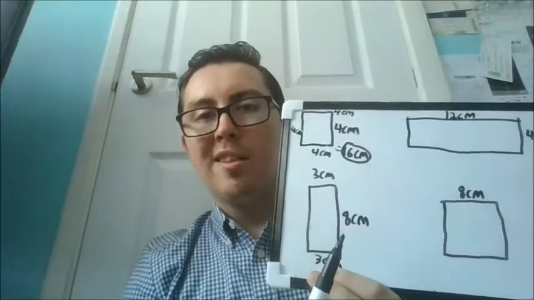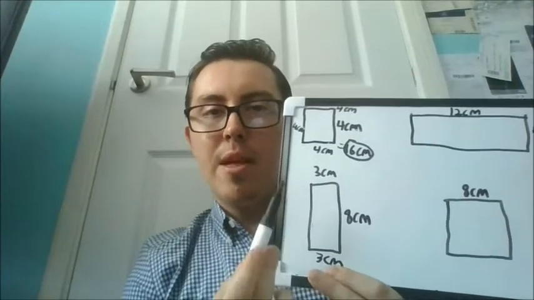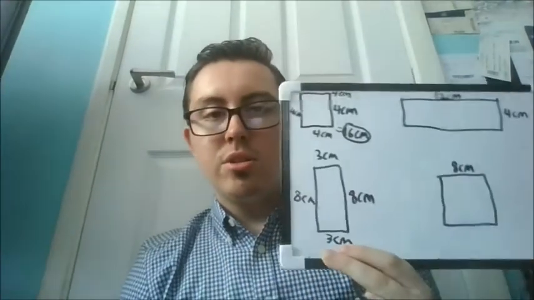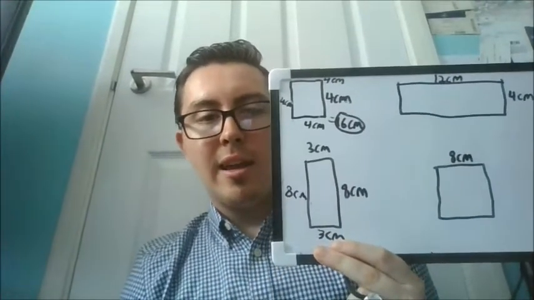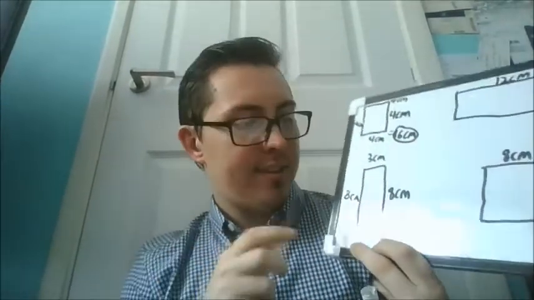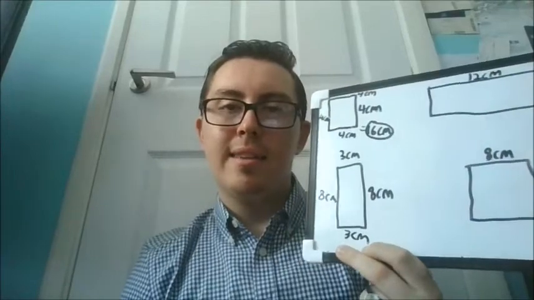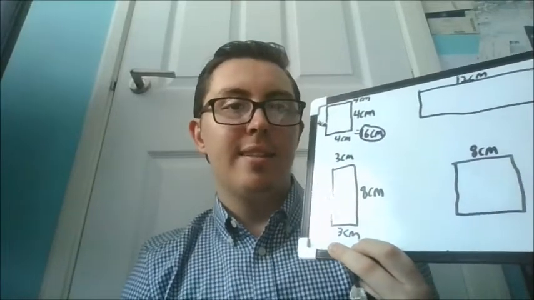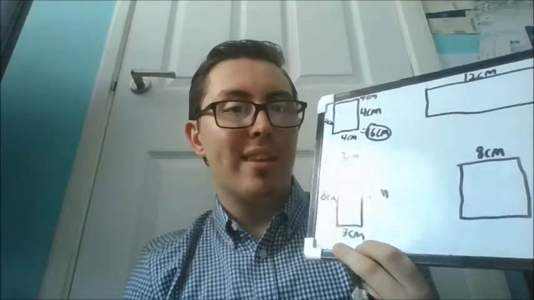And again, look on the opposite side of the 8. Same length, it has to be 8 centimeters. So we have to calculate it, add it all up. 3 add 3 is 6. 8 add 8 is 16. 16 add 6 is 22.